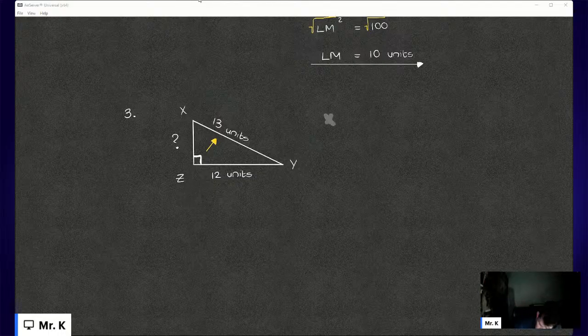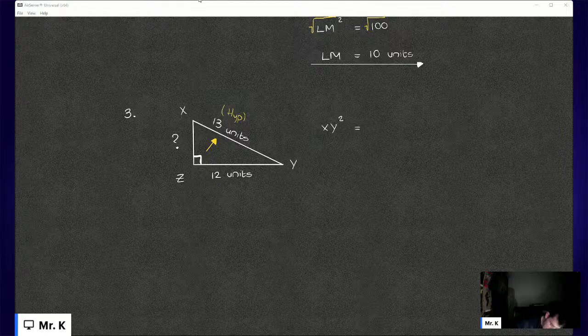So the hypotenuse, we can see, is quite clearly this side over here, side XY. So we will say XY squared is equal to XZ squared plus YZ squared.